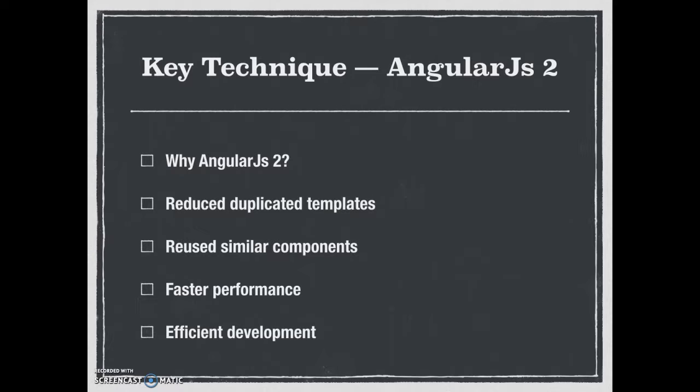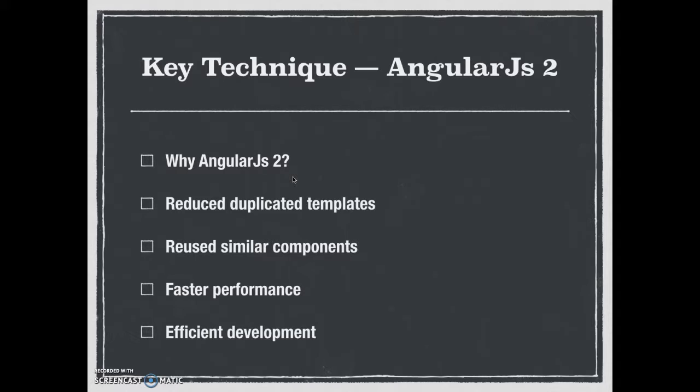And then after finishing this project, I found two main benefits of using AngularJS. One is I can reduce a lot of duplicate templates. Another is I can reuse similar components. The reason I can reduce duplicate templates is that one of the features of Angular is data binding.